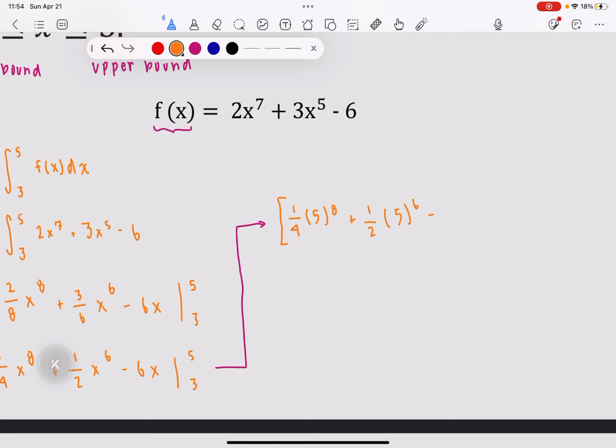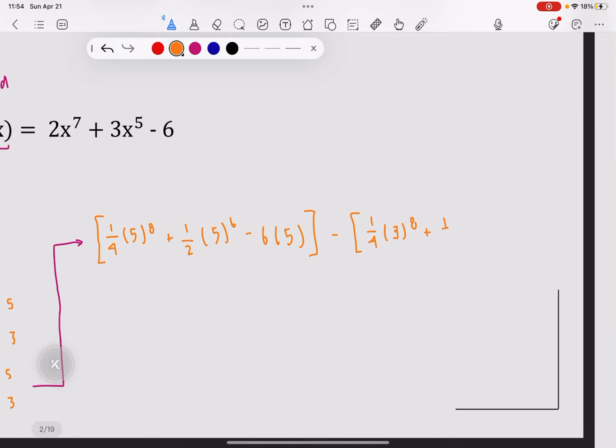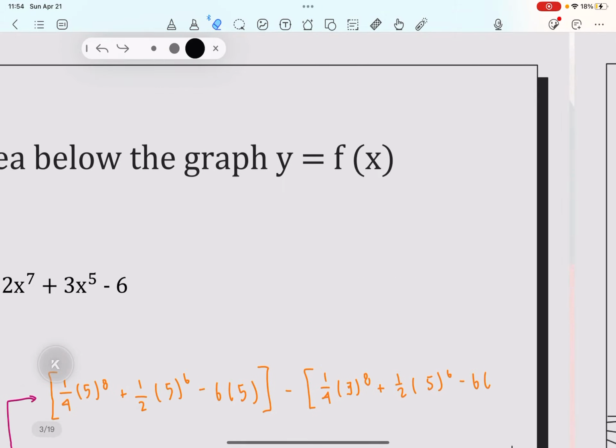So we're basically just plugging the upper bound in, and then we're going to do the same with the lower bound, and we're going to subtract that from each other in order to give us an area. So this is a 3, really bad looking 3. And then like this. Oops. Why'd I put a 5? Oops.